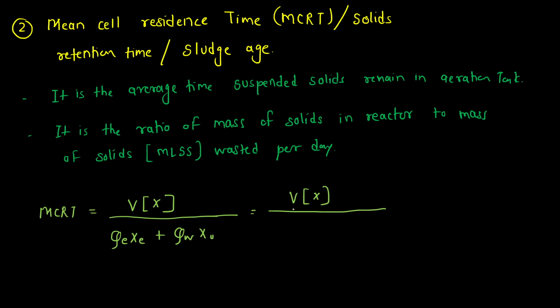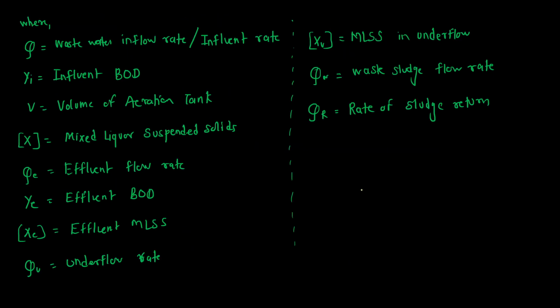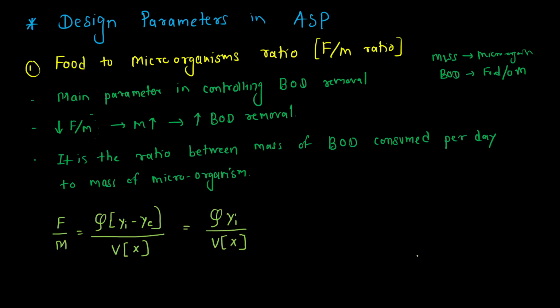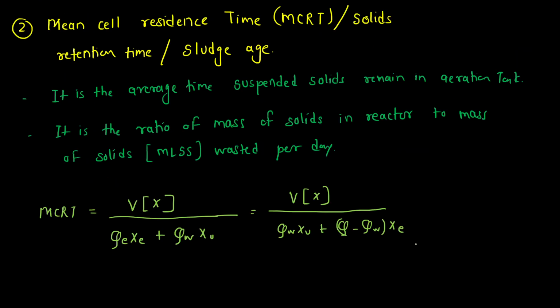So V into X divided by QW into XU. In terms of QE, you can write it as (Q minus QW) into XE. This QE is the effluent flow rate, and QW is the waste sludge flow rate. By substituting the values in this, you will get the value of MCRT, that is mean cell residence time.